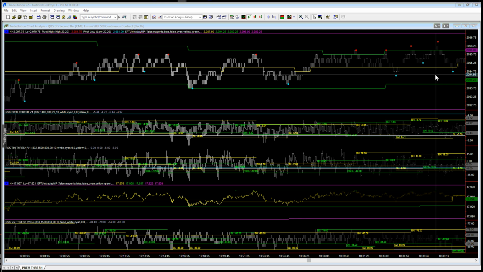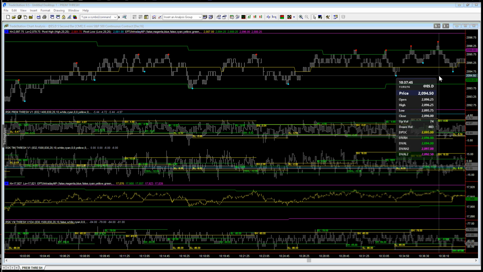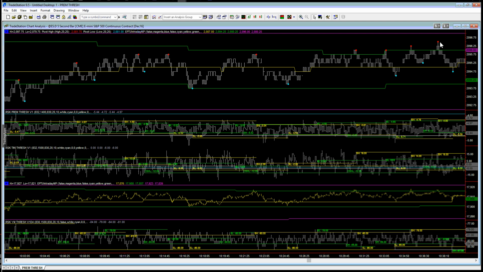So we come to this point and we hit a new high here. Now you knew you should not be shorting it just yet because this is stepping up. Only here does the premium step down.